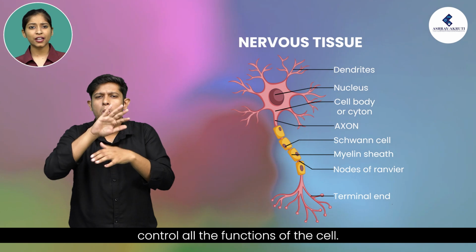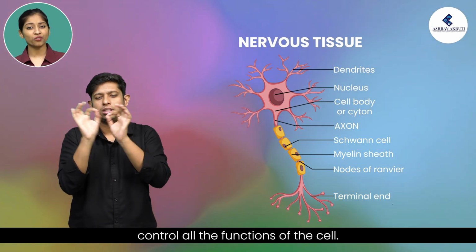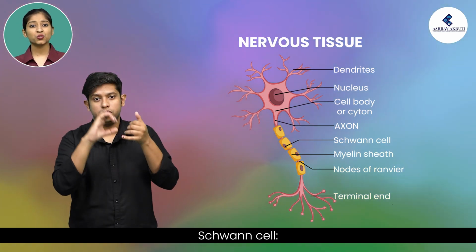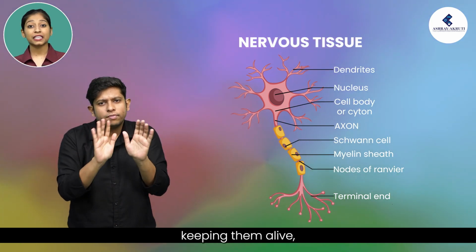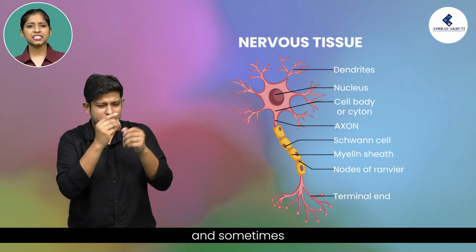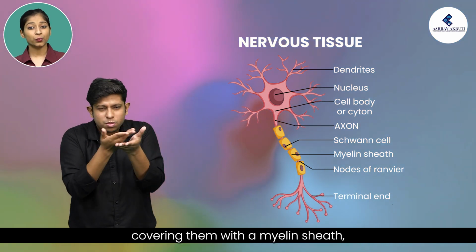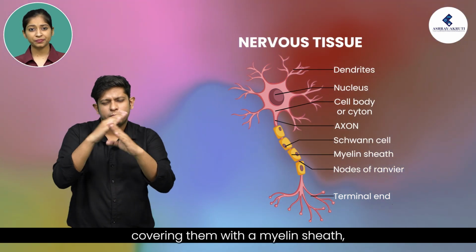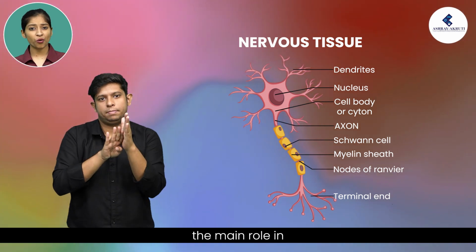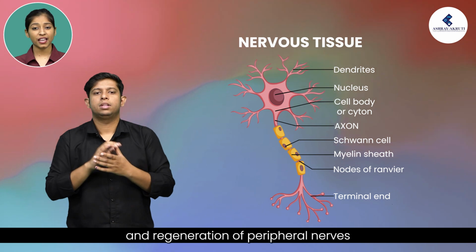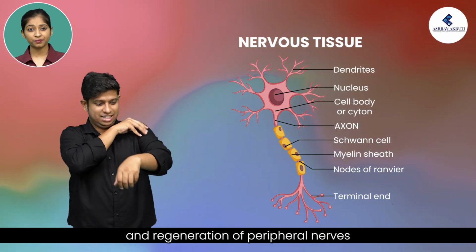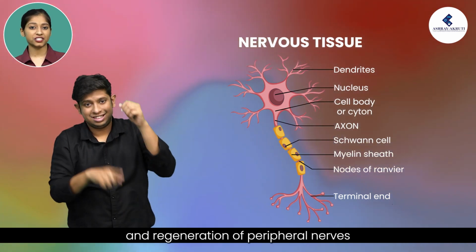The role is to control all the functions of the cell. Schwann cell. Keeping them alive and sometimes covering them with a myelin sheath. The main role in development, maintenance, function and regeneration of peripheral nerves.